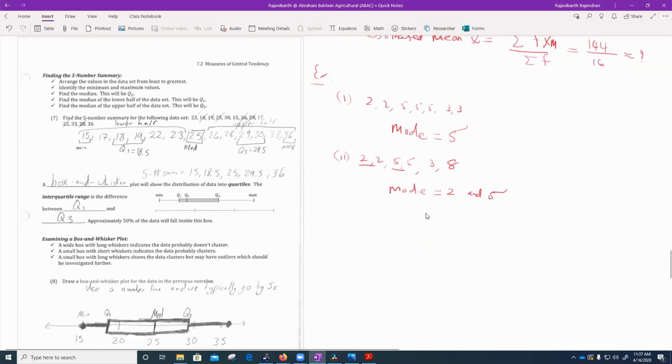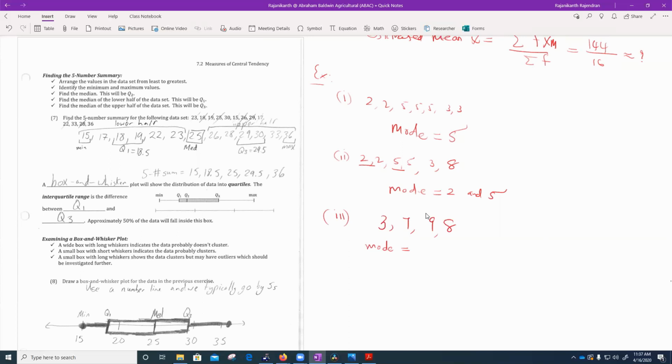But look at this example: 3, 7, 9, 8. What is the mode? Your answer is correct, zero, but we don't write 0, you have to tell me that there's no mode.